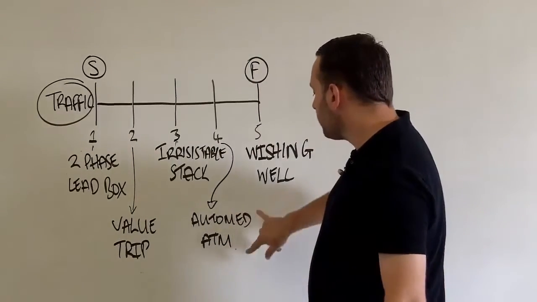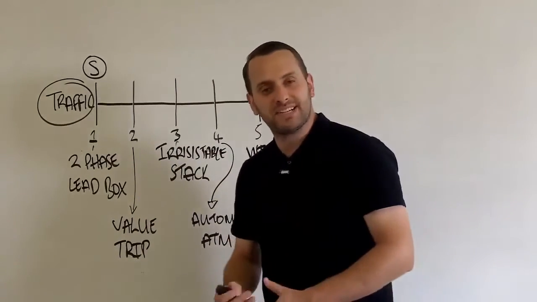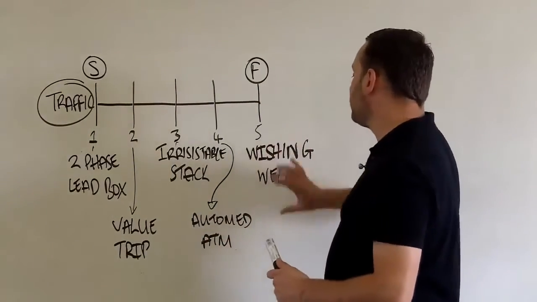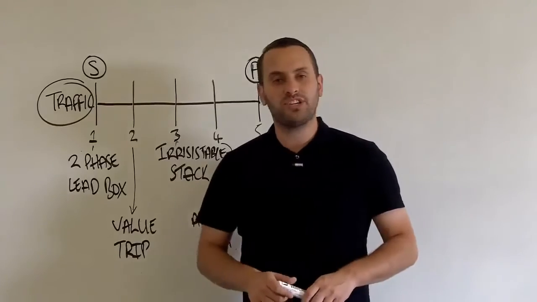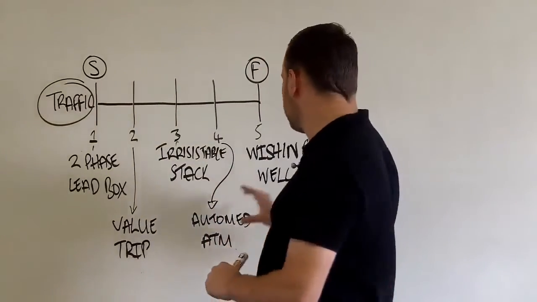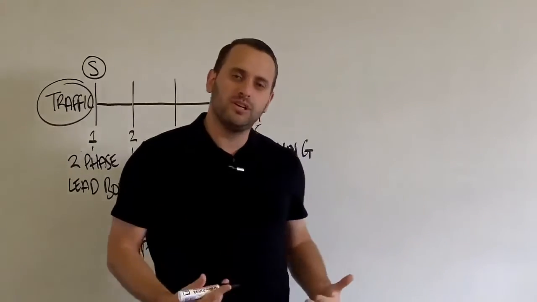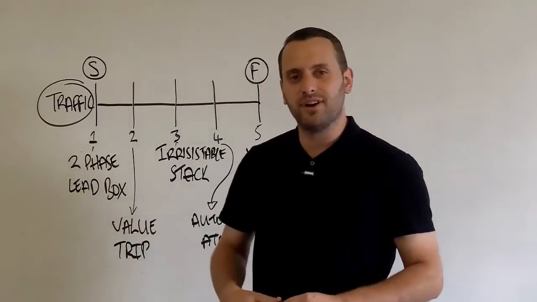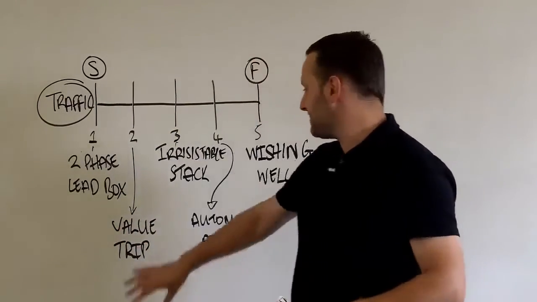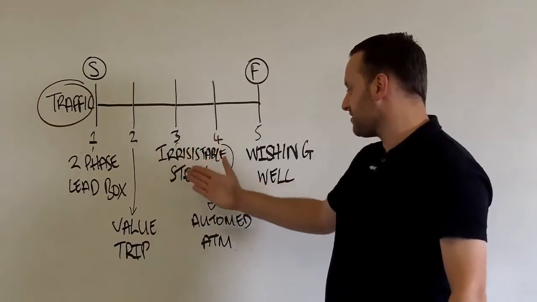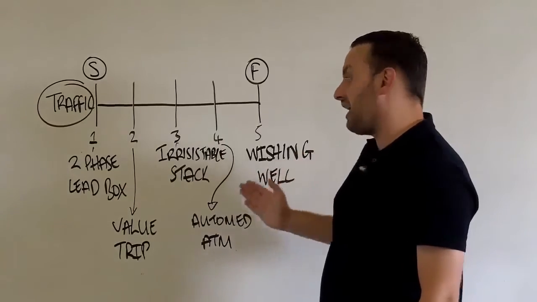Fourth, we've got the automated ATM, which is a way in which you build your recurring income. And finally, I call it the wishing well. Now, the wishing well is a way in which you actually have people coming to you to pay you thousands and thousands of dollars. Okay? So this is the five pillars of the process, and this gets you leads, customers, repeat customers, members, and clients.